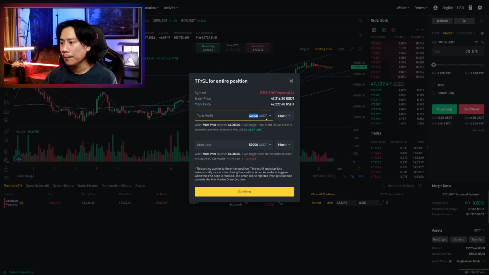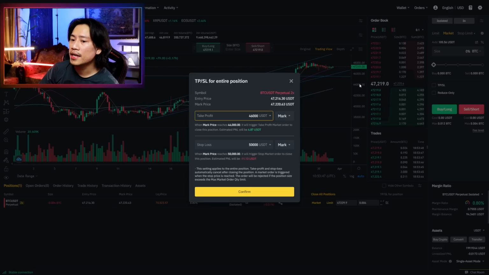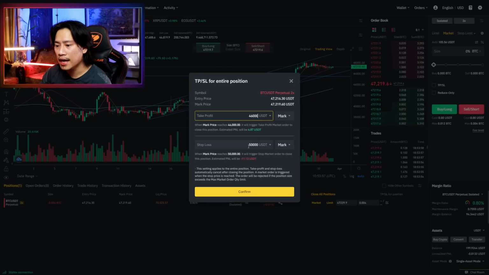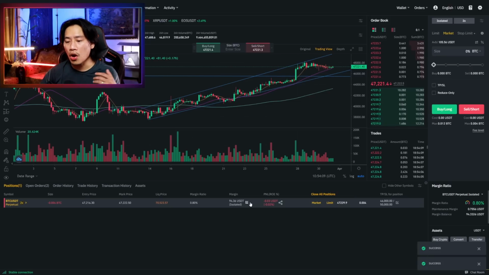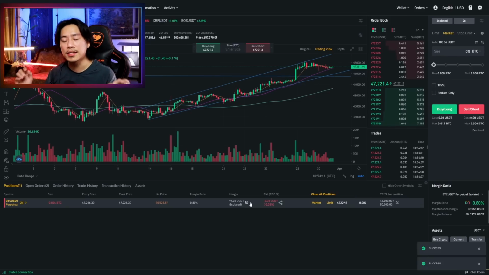Say for example we set it at 46,000. When the price of Bitcoin USDT in the futures hits 46,000, you will get $4.87 as earnings. When it hits 50,000, you are going to lose $11.13.